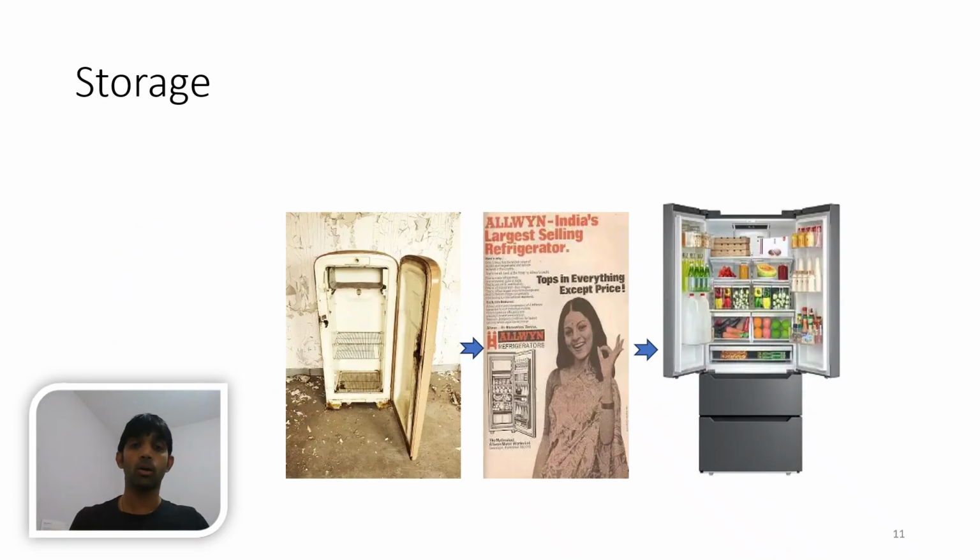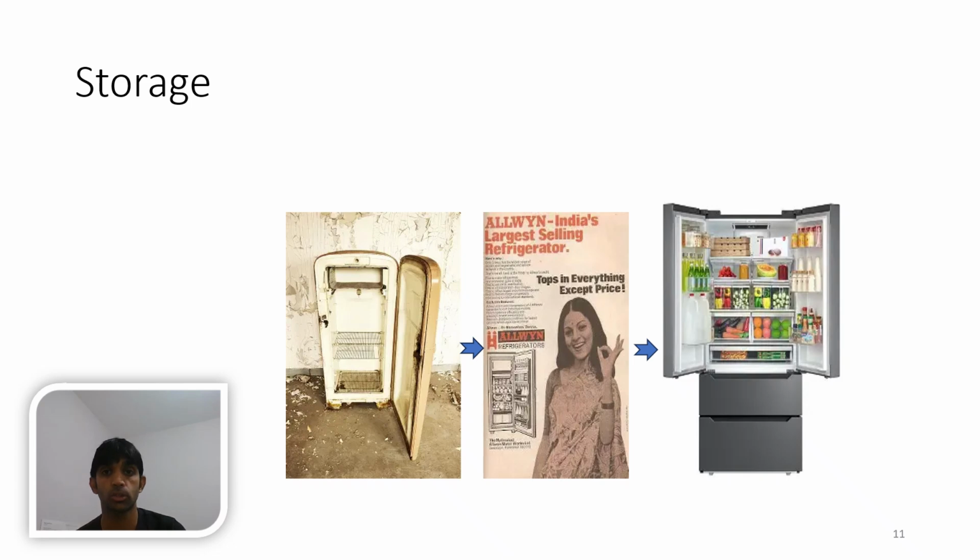Now let's see how it is stored. Once data is created, we need somewhere to store it. This might be a traditional database, a data warehouse, a data lake, or a modern lakehouse architecture. Let's use a simple analogy: data is food stored in a fridge. Without proper storage, everything else becomes difficult.